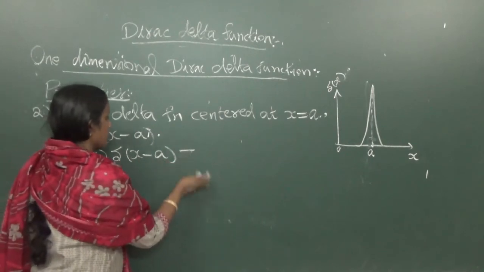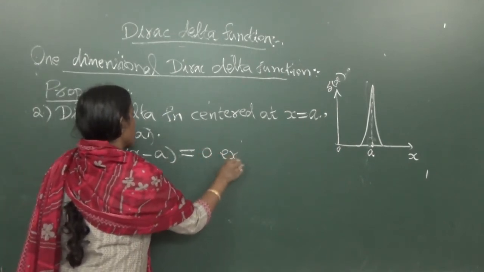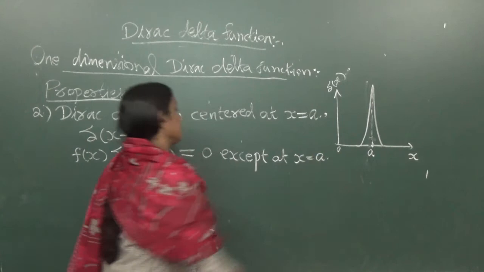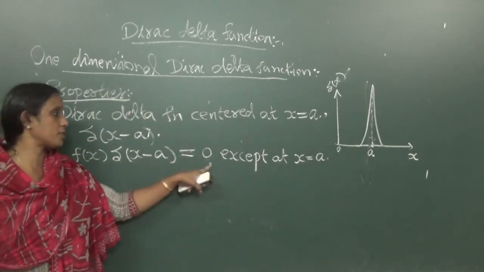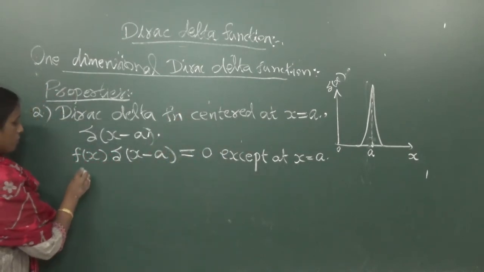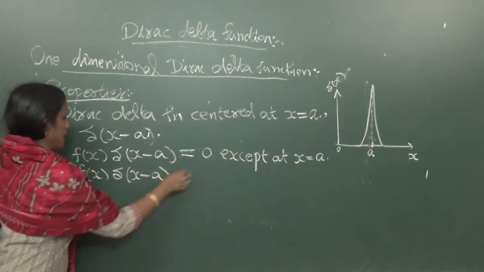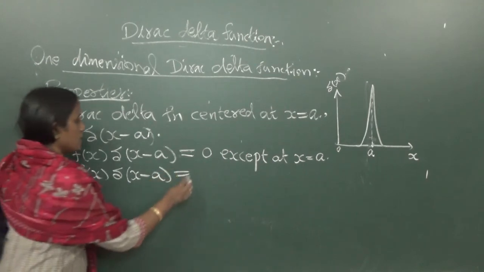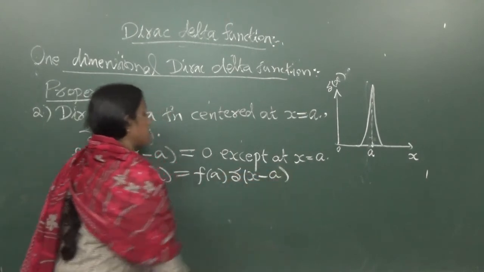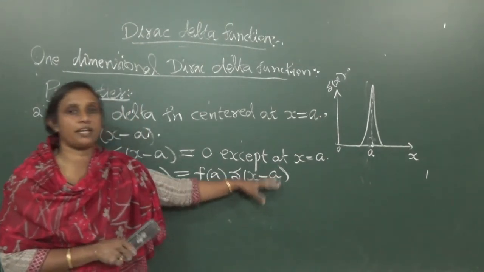So this product equals 0 except at x equal to A. So you can write f of x delta of x minus A as f of A delta of x minus A, because this function is non-zero only at x equal to A.